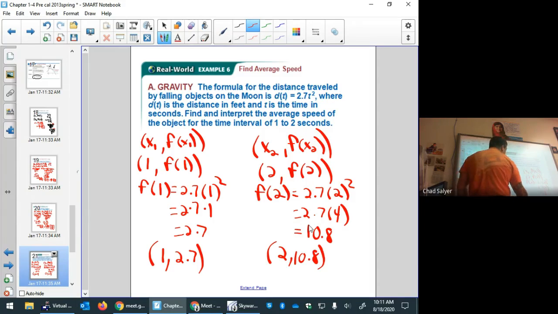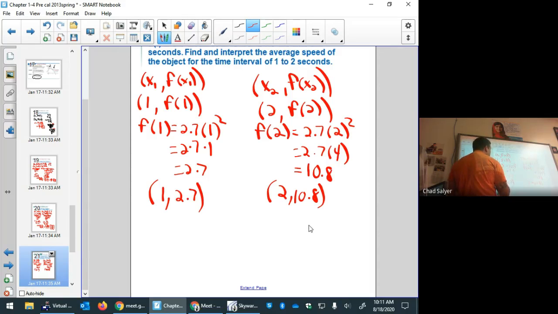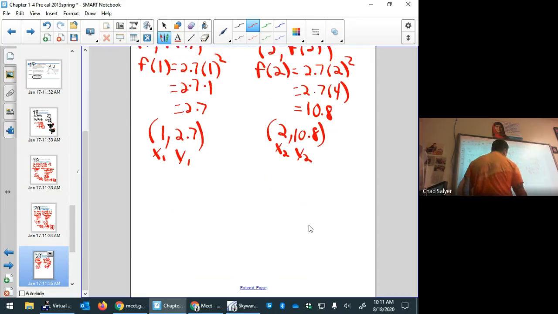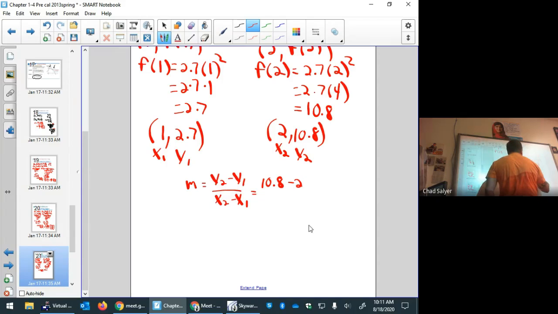Now we find the average rate of change by plugging these into the slope formula. X sub 1, y1, x sub 2, y2. So m equals y2 minus y1 over x2 minus x1. So that's 10.8 minus 2.7 over 2 minus 1.